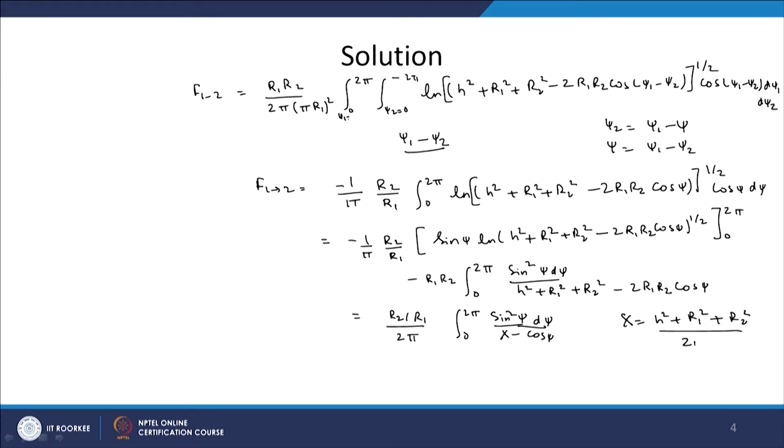upon 2 r1 r2. So, now again we have one more integration to solve, but this integration is relatively easy to solve, and what we get as a final result for the view factor is r2 by r1 upon 2 pi into 2 pi x minus root x square minus 1, which is equal to r2 by r1 x minus root x square minus 1, where x has this value.